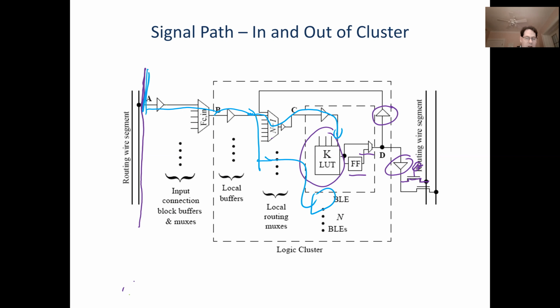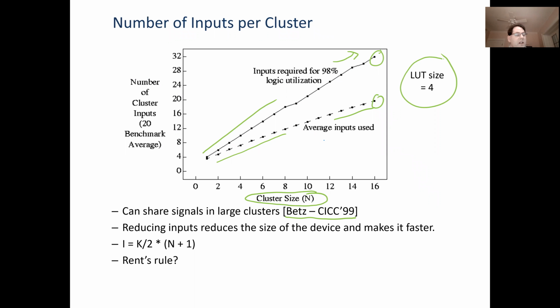So the local routing allows us to bring a signal in once and use it many times. It also allows us to take signals that were generated, maybe down here by a certain lookup table, and bring them back up here and go through a mux into here. So we can reuse some of our outputs. Those are the two reasons we can reduce the number of inputs per logic block below, in this case, 4 times N, which is what we'd need if we had to bring in every conceivable input a LUT might ever want.